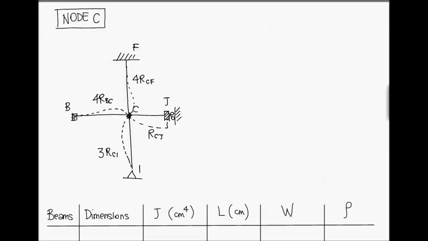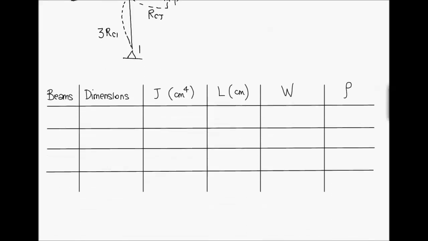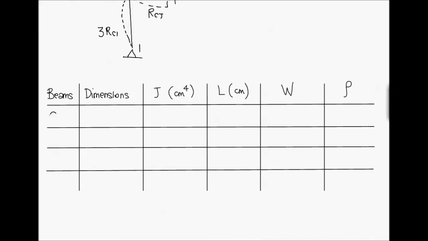So we have beam CB, beam CJ, beam CF, and beam CI.